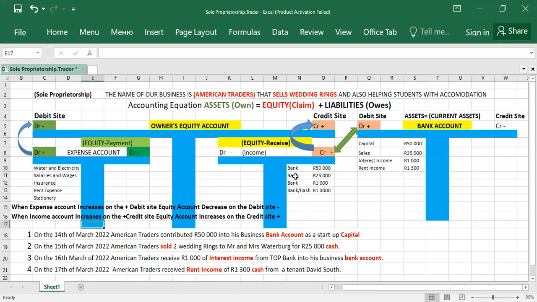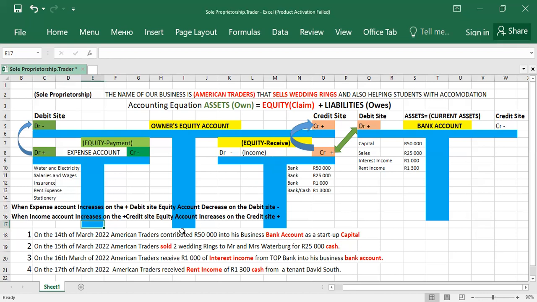For today, we are going to be concentrating on questions that are based on income that is going to be generated into our business, the money that will be coming into our business. And then the second video will be based on the money that will be leaving our business.